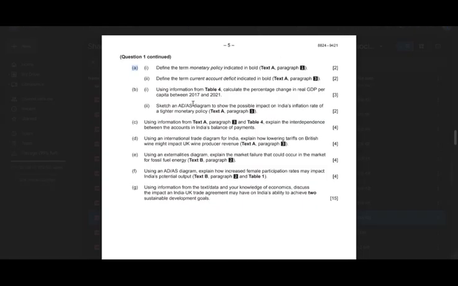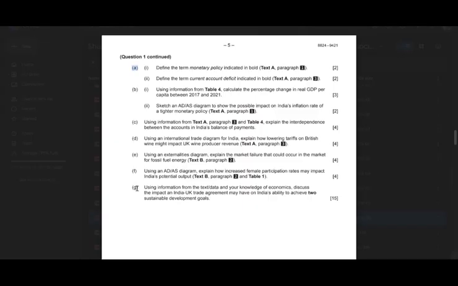The questions are slightly different. For part B, there's a bit of calculation and a drawing of a diagram. For part C, D, E, and F, you want to draw a diagram and provide diagram explanations. And so by doing this and reading the references bit by bit, you can get a bigger picture slowly.